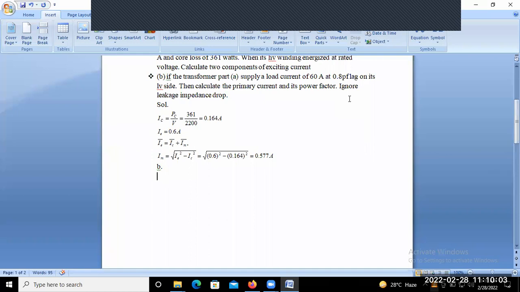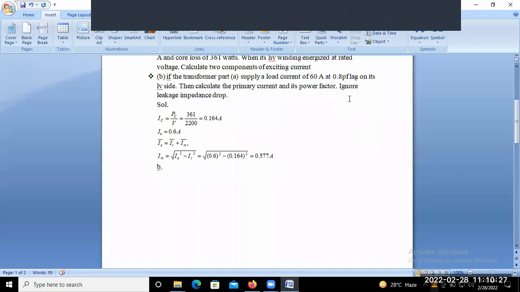That component, equivalent on the primary side, is represented by, suppose, I1 dash or I2 dash, and the number of turns of the primary side is obviously N1. So I1 dash is the load current transferred towards the primary side.